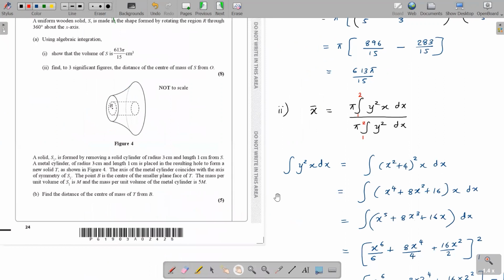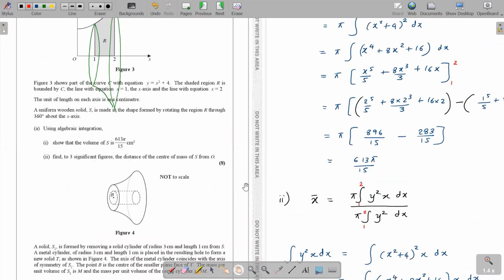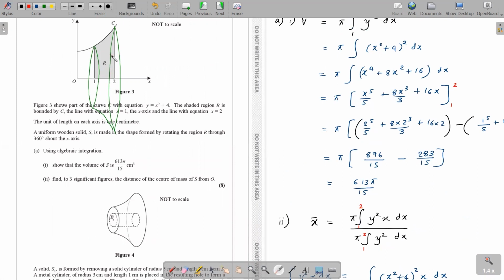The next part. Okay, so look at the next part. They say a solid S1 is formed by removing a solid cylinder of radius 3 centimeters and length 1 centimeter from S. You can see this solid S is what we got from part A. In part A, the solid S has limits 1 to 2, so the width was 1 centimeter.